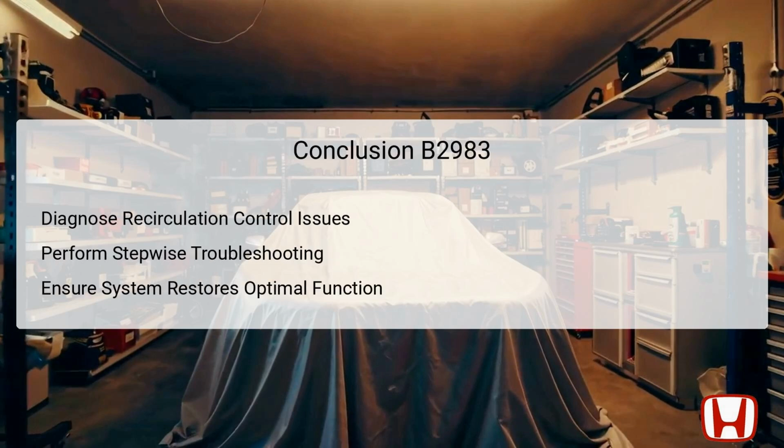In summary, addressing DTC B2983 requires a systematic approach to troubleshoot and rectify issues related to the recirculation control motor circuit. Each troubleshooting step must be executed meticulously, from checking continuity to testing components, allowing for accurate identification of the source of the fault.